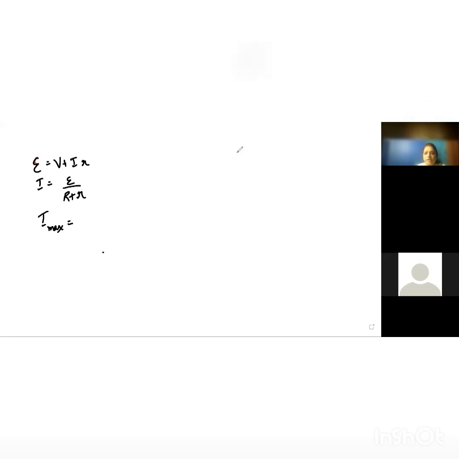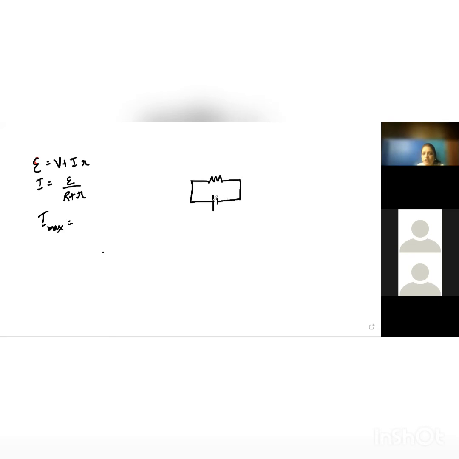Okay, so maximum current. I have actually an interesting question for you. Now I have this, a resistance R. If I'm going to give you a graph, fine?